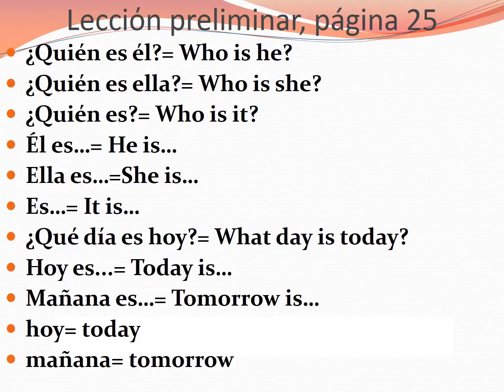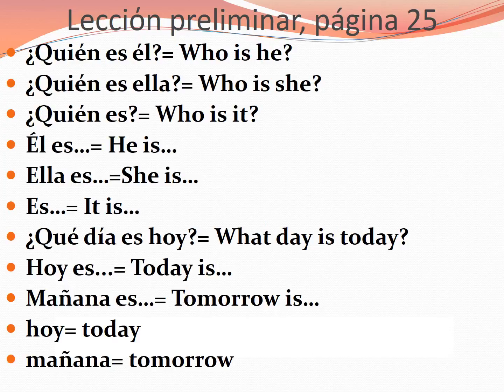¿Quién es él? Who is he? ¿Quién es ella? Who is she? ¿Quién es? Who is it? Él es blank. He is blank. Ella es blank. She is blank. Es blank.